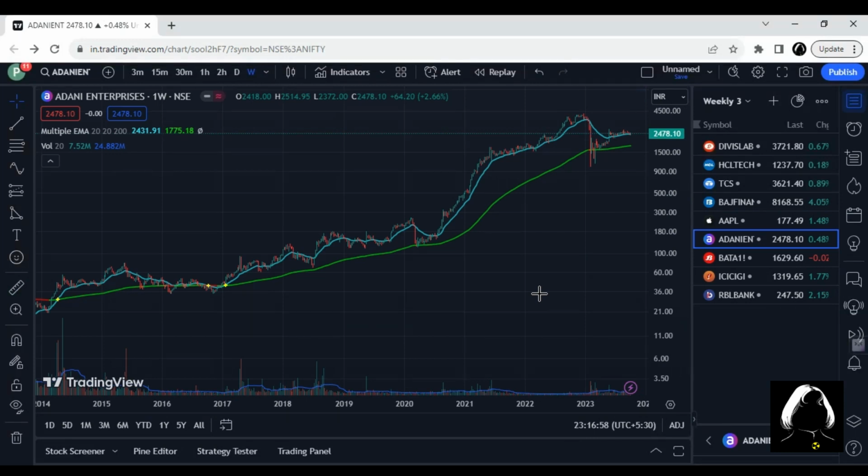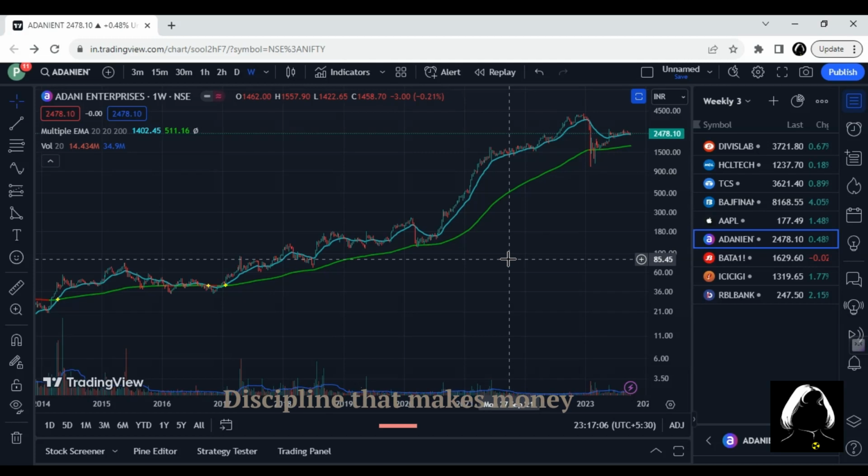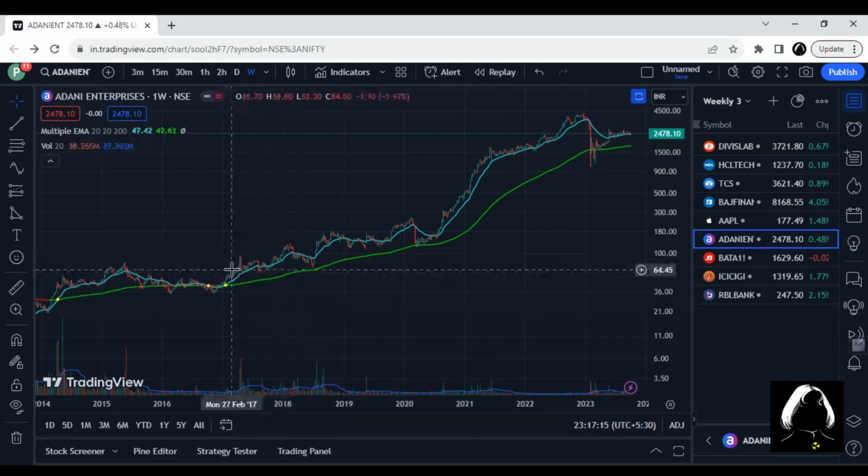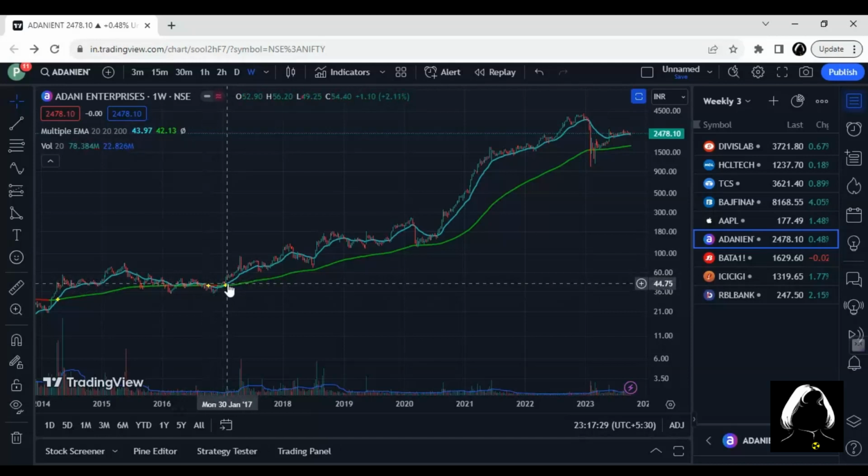What about the stocks which were buzzing in the news channels, especially Adani? In the last 2 or 3 years, it is making news every day. And let's see whether we got the buy trigger before this news started popping in the channels. So in 2017 itself, we got a trigger using this strategy at 44 rupees.